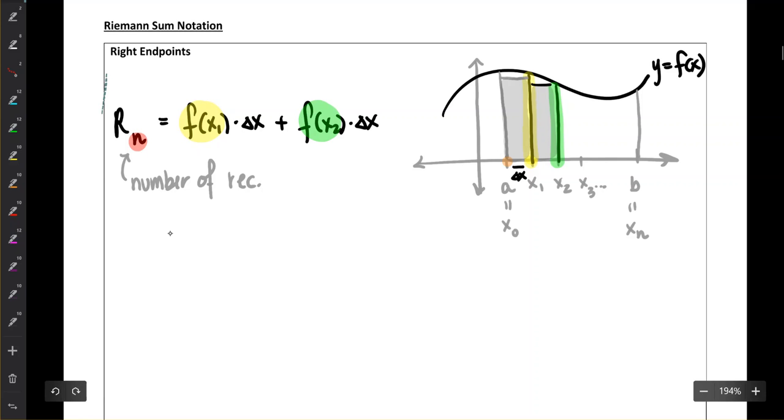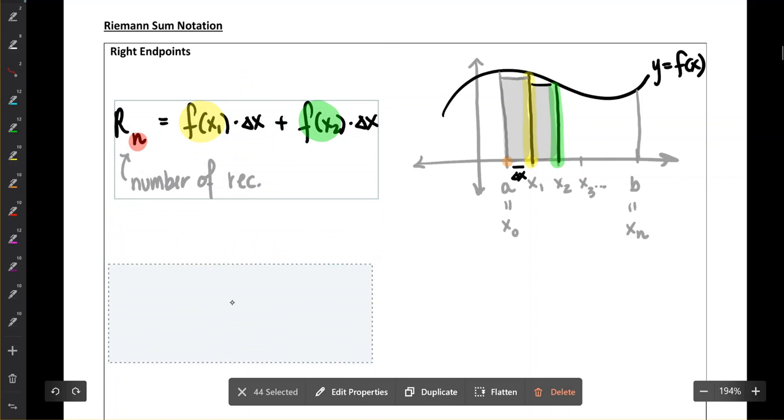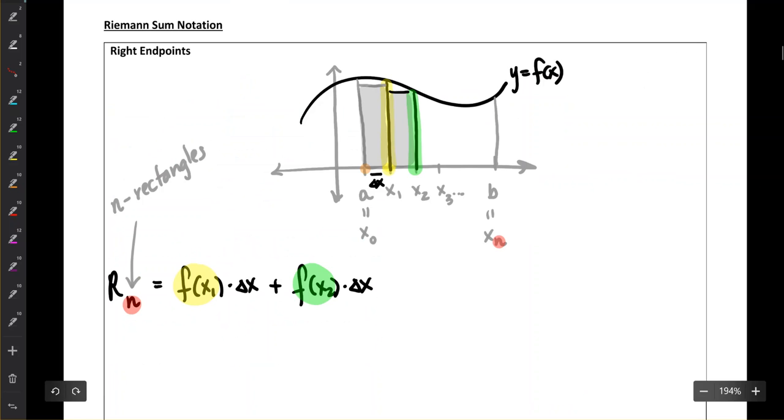How about I put the picture up above? Right? And then for my next rectangle, the height's going to be f of x3 times my base, the change in x. This height. And so on and so on.